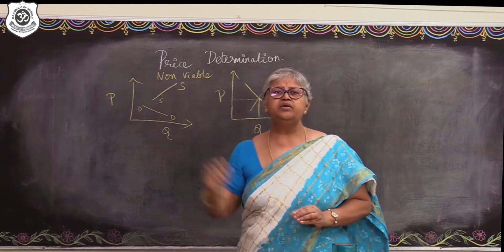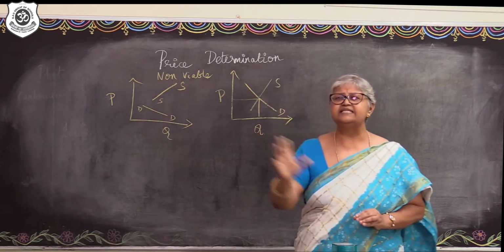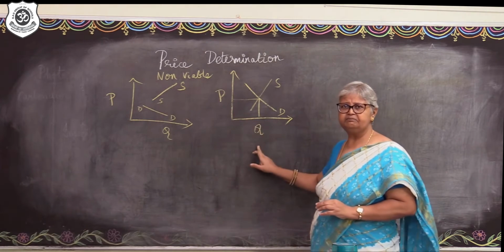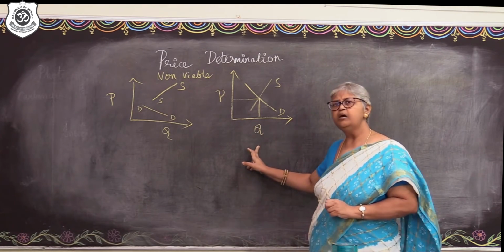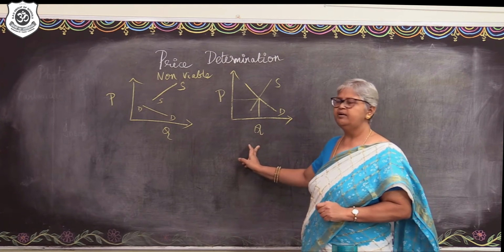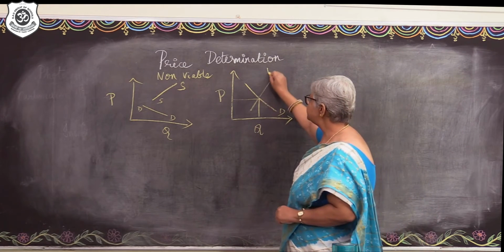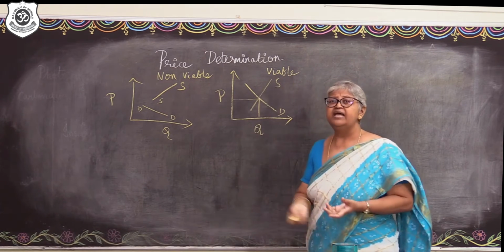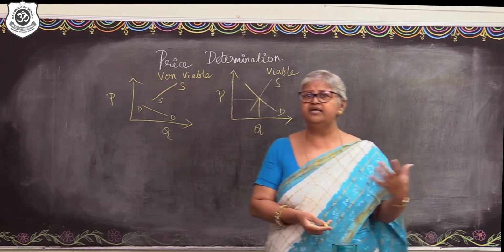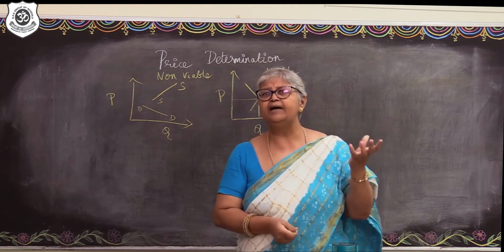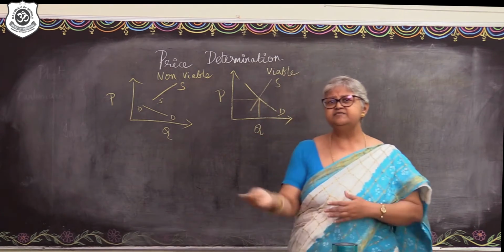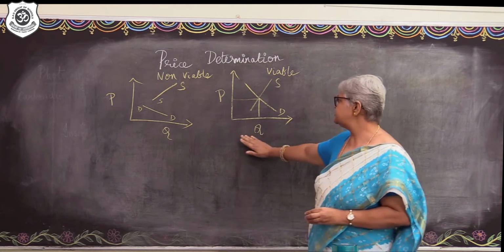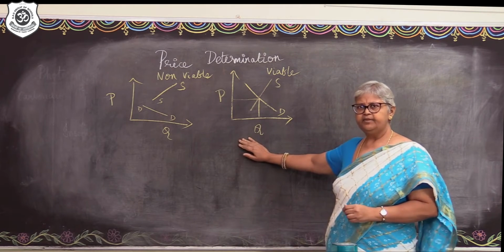That is where the equilibrium price will be determined. A specific quantity is bought and sold at a specific price, so there is transaction happening. This market is called a viable market, a market wherein transaction will happen due to a common consensus between the two market forces. Alright, so this is a normal one.